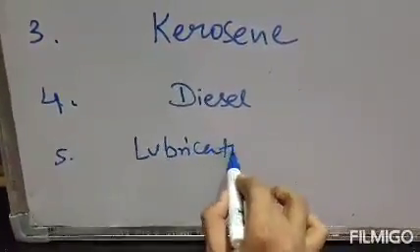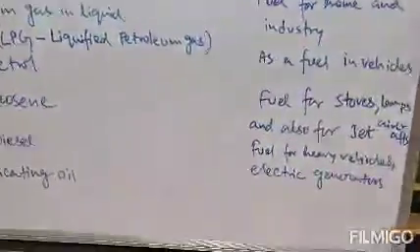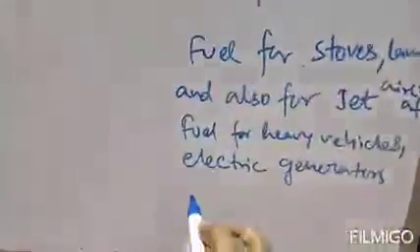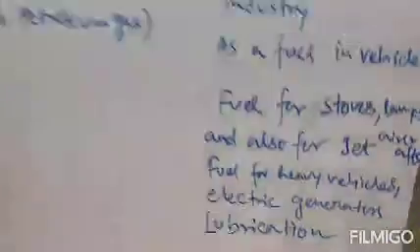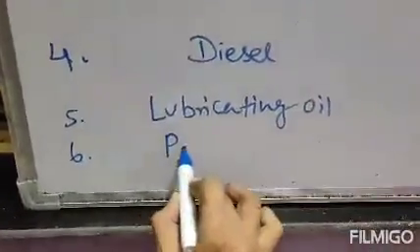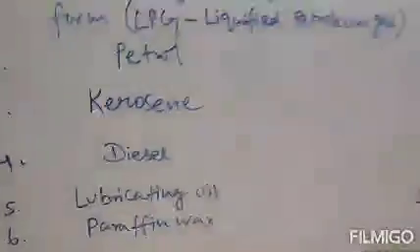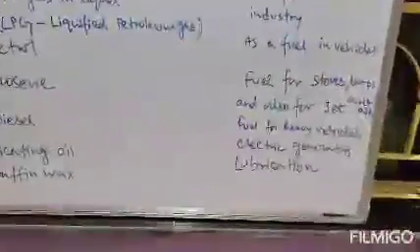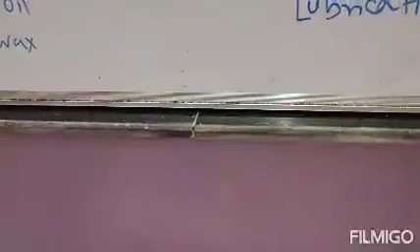The fifth constituent is lubricating oil. Where is it used? It is generally used for lubrication. The sixth constituent is paraffin wax, and it is used for candles and vaseline, that means for ointment purposes.